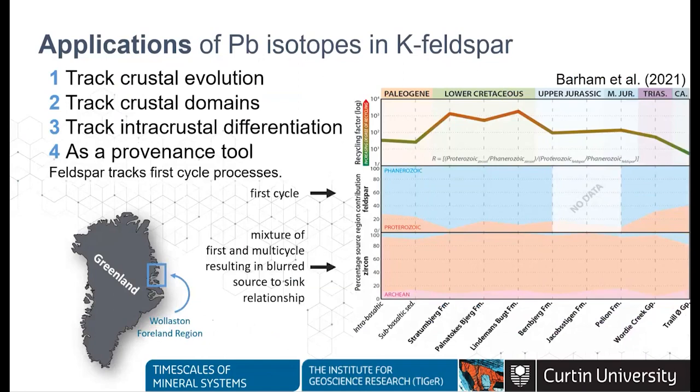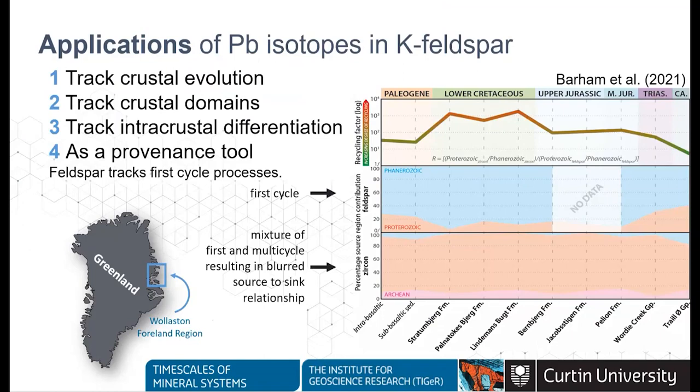Based on lead models, we can calculate lead model ages for K-feldspar, which means that if we have a model that works well for a certain region, this can provide some geochronologic information as well. And this study is from Eastern Greenland.